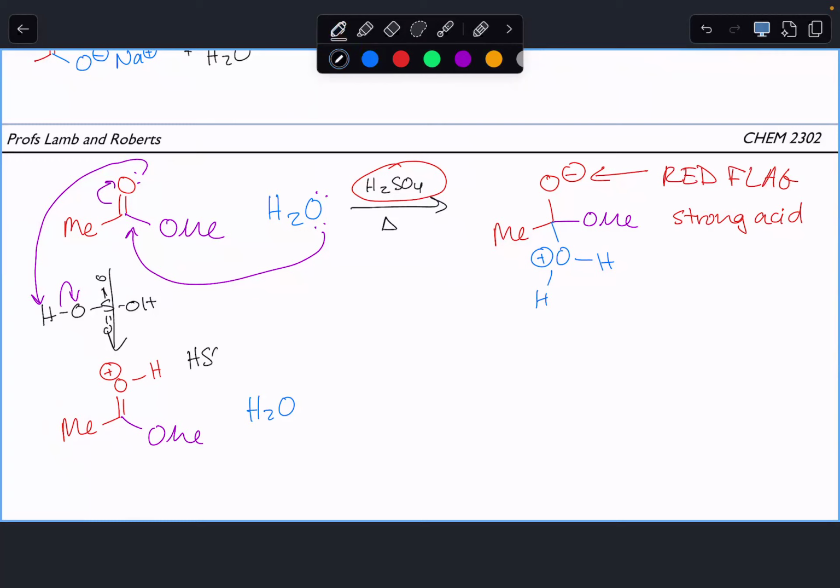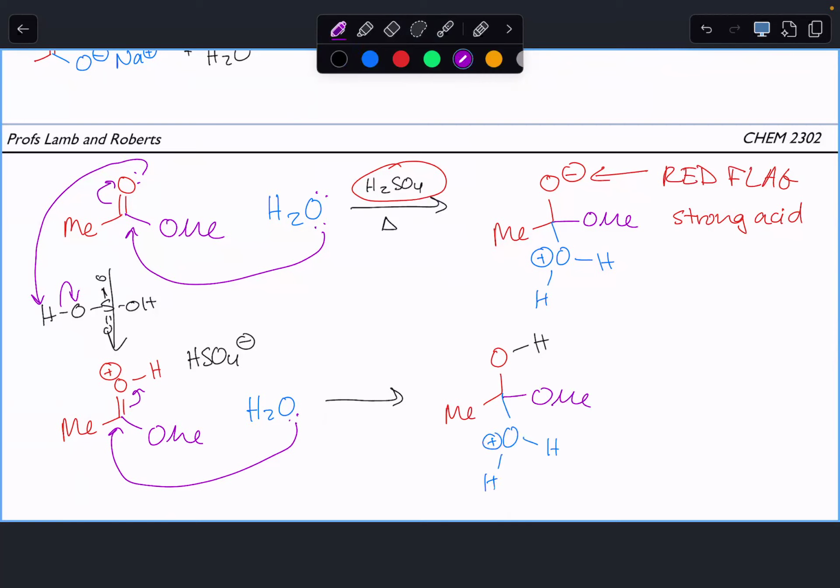So that now, when I try to do my addition step, I am not making that negative charge because we've already protonated it. And so, like so and like so, right?